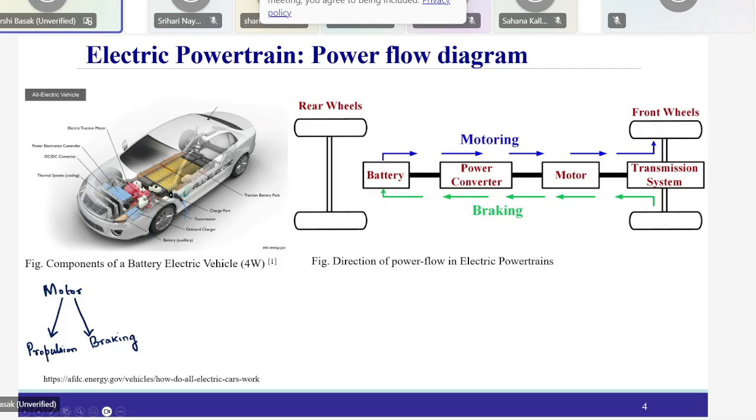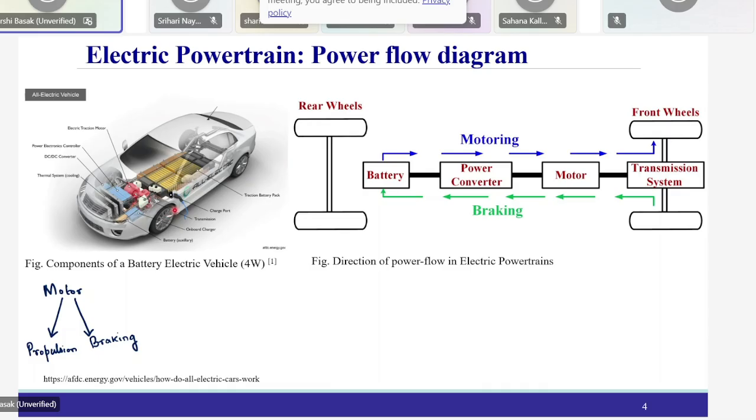And if you try to observe the placement of the motor, it is placed in this position, right? After that you will have the gear mechanism, which will transfer the power from the motor to the mechanical systems, finally to the wheels.